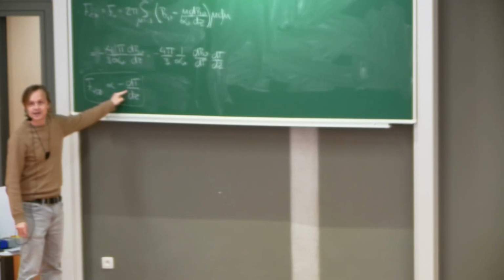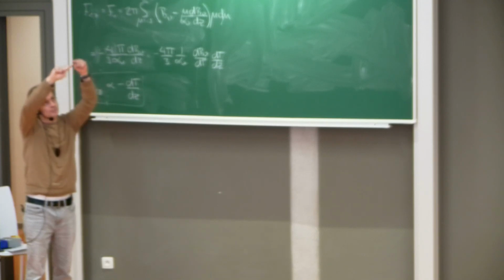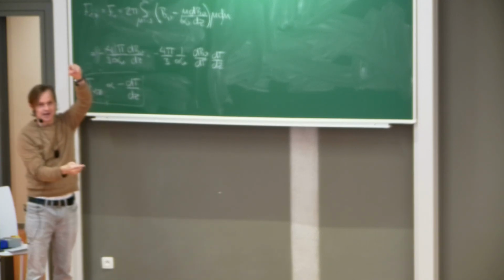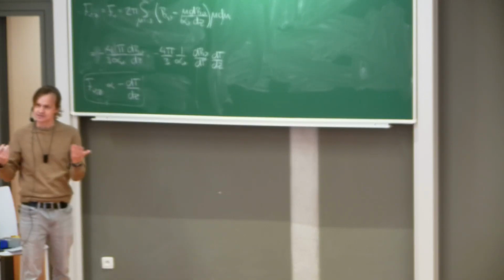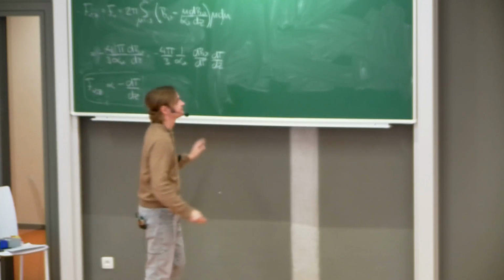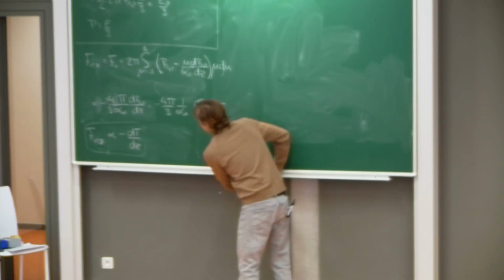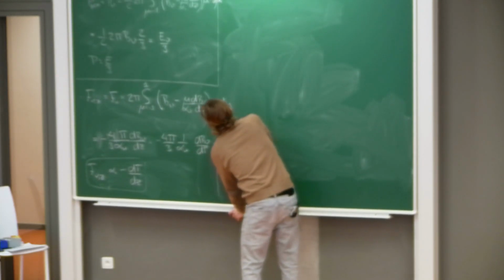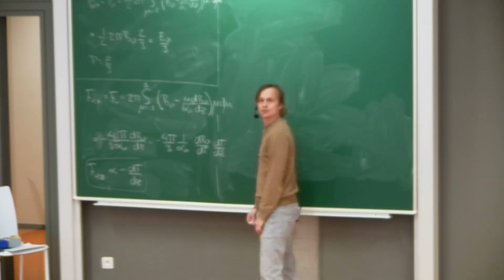Well, that has to go in the other direction. So it has to be lower temperature higher up, higher temperature further down. Well, the temperature increases inwards. This is the simplest way we can understand that in the object. In the case that the radiation transports the energy flux outwards.